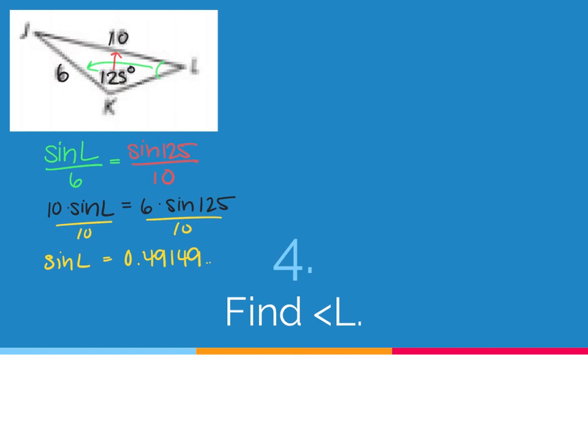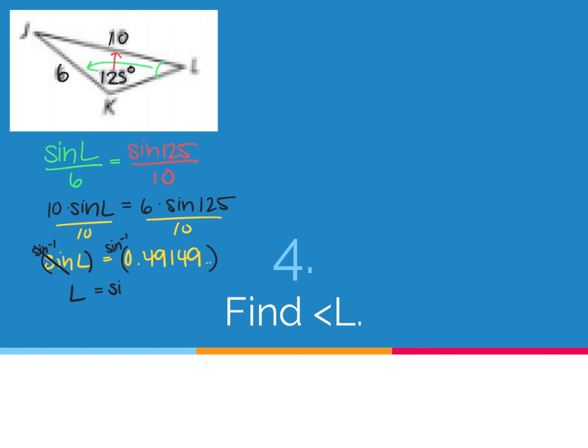To get angle L all by itself, we need to undo sine, which is using sine inverse. We have to do that on both sides. On the left, sine inverse and sine cancel, so I'm left with L.